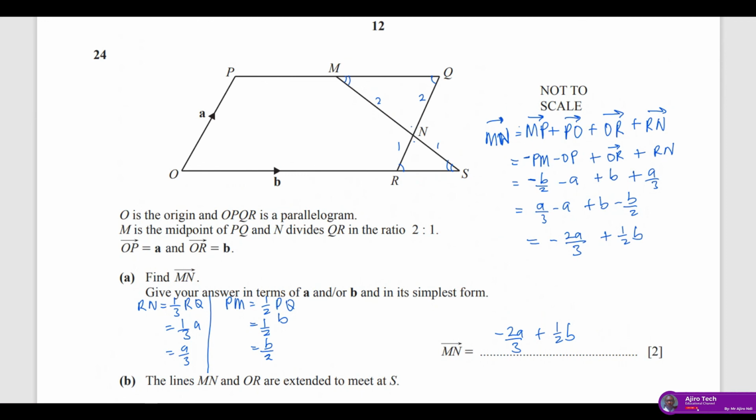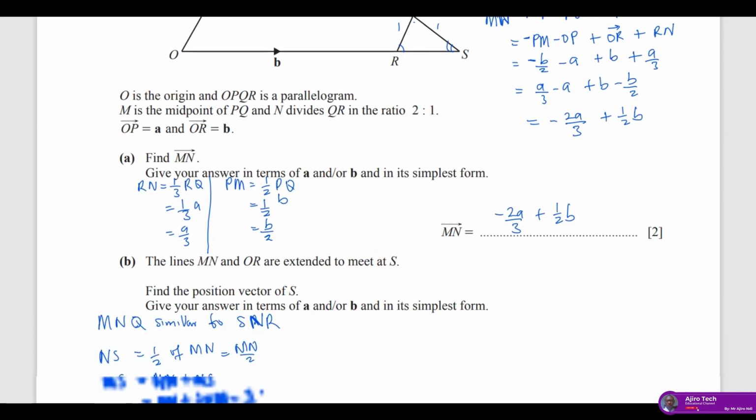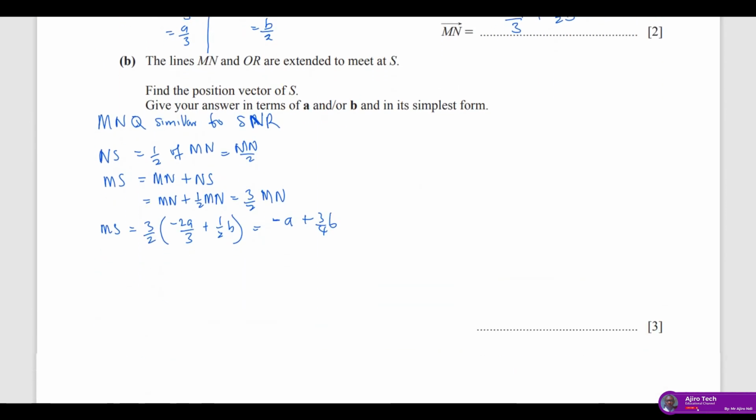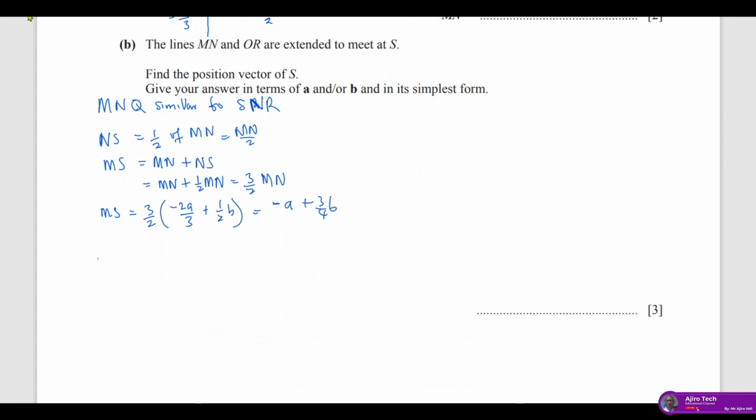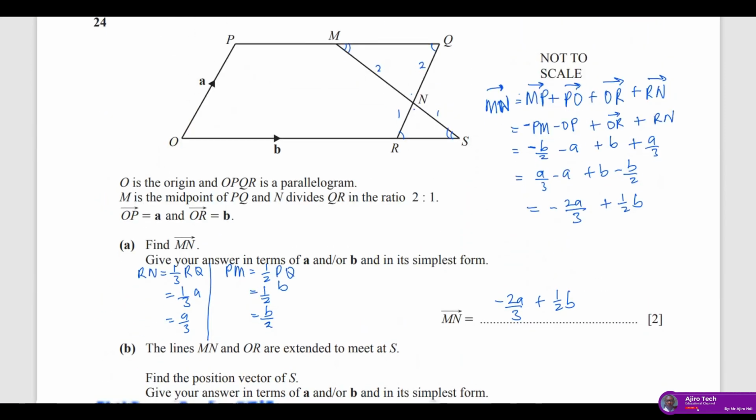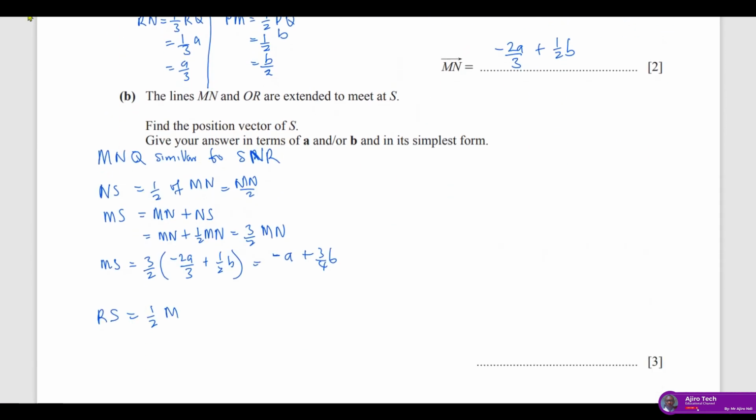This could also mean that RS is half of MQ. RS should be half of MQ. And then what is MQ?